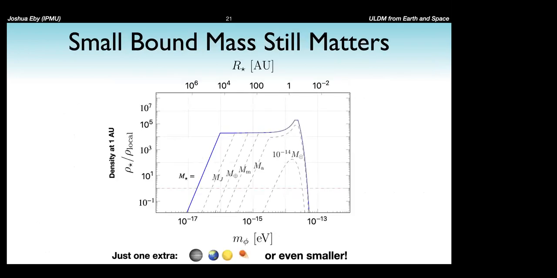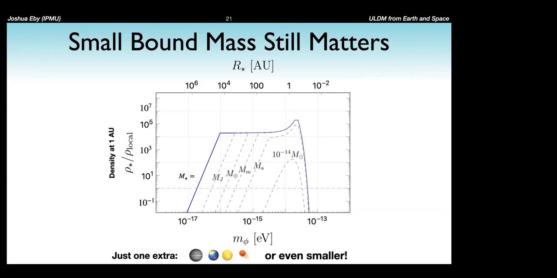Another way to look at this, I like to explain it this way. This is, again, the same figure, just focused on the solar halo. This is the size of the solar halo corresponding to a given mass. And these contours correspond to different astrophysical amounts of mass that we're suggesting could be there. If you add one Jupiter mass to the system, then you get constraints at this level.